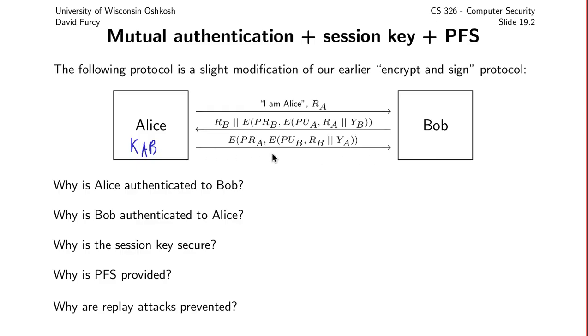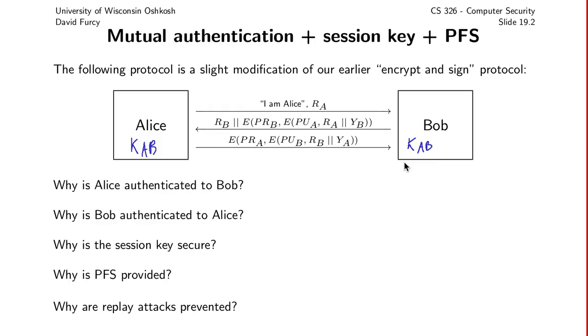So when Bob receives the third message, he will be able to decrypt it using Alice's public key, then decrypt it again using his own private key. He will therefore have access to y sub a and is going to use it in conjunction with his own number x sub b and alpha and q to compute the same shared key, which will therefore be established at the end of these three messages.